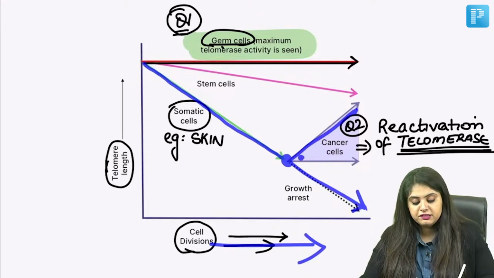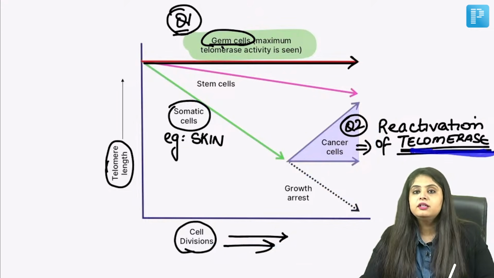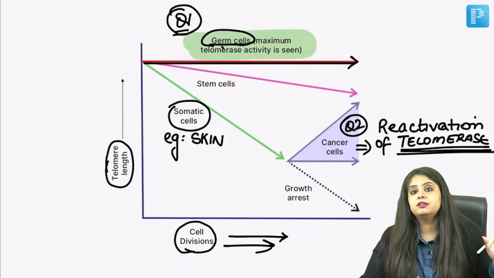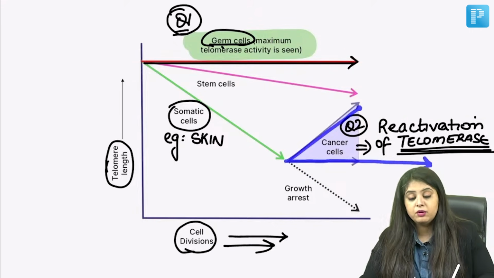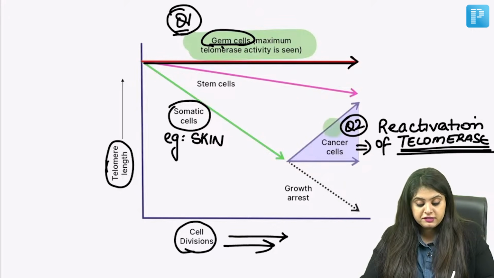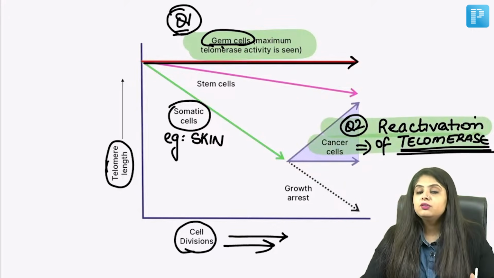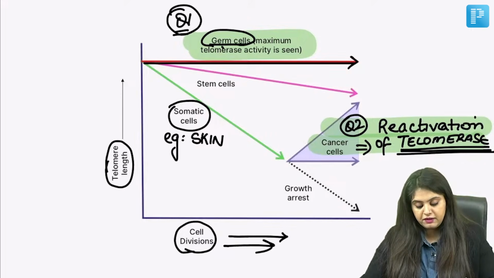So what did these cancer cells do? They decided to reactivate their telomerase. Once they got the telomerase, they become immortal, they become amar. Now they will live forever and ever. They might live even more than normal. They might live excessively. So the cancer cell is listening to this class and knows how to live longer. Reactivate your telomerase. Are the two questions related to this graph also okay?